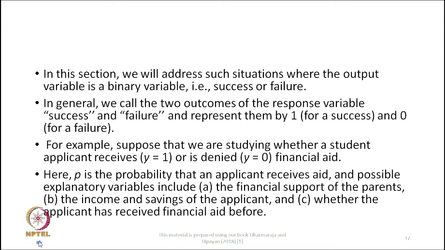In this section we will address such situations where the output variable is a binary variable, that is, a success or failure. In general, we call the two outcomes of the response variable success and failure and represent them by 1 for success and 0 for failure. For example, suppose that we are studying whether a student applicant receives or is denied financial aid, the same example I explained in the previous slide.